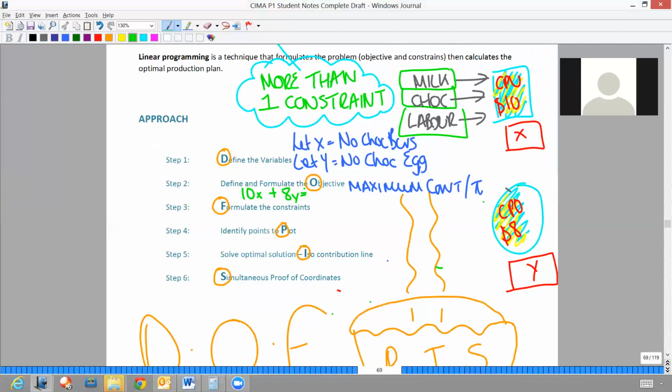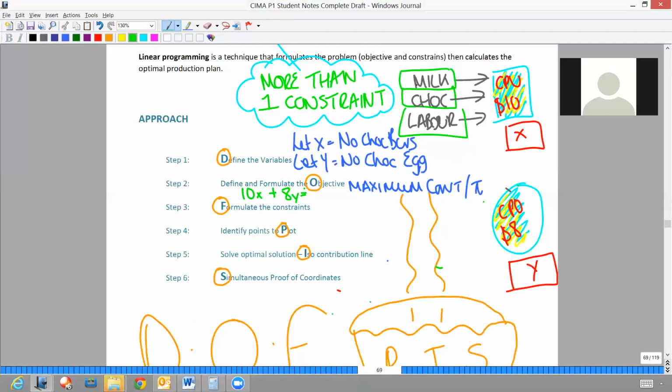But we know that in order to maximise our contribution, we will take 10 multiplied by X and add it to 8 multiplied by Y. If we were dealing with profit, then obviously we'd look at the profit per unit and we could just substitute in here for our profit per unit. That's absolutely fine.